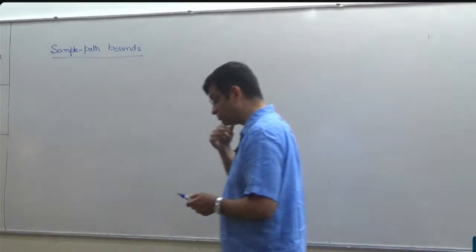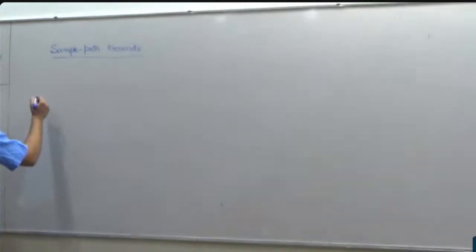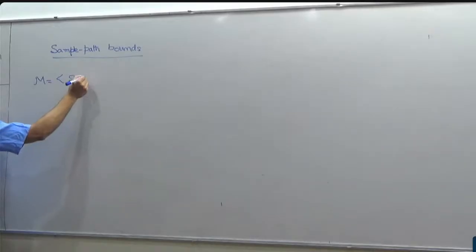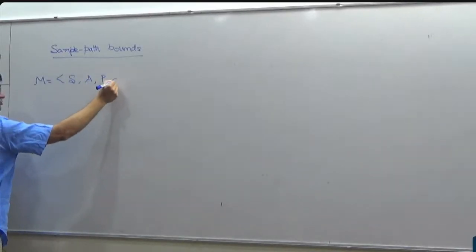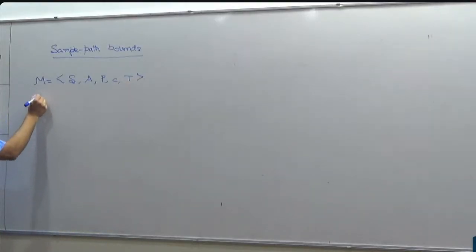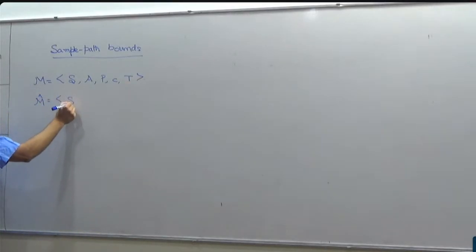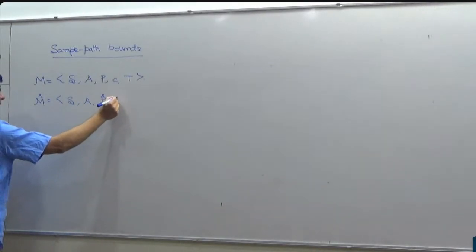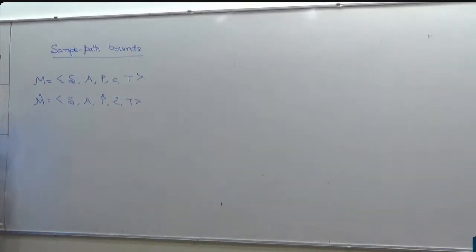So, I will start with the simpler setting. I have a model, SAPCT, and I look at an approximate model, same state spaces, different dynamics and costs. And for the first part, I'll get bounds on policy error, which, if I have access to both models, is computable.